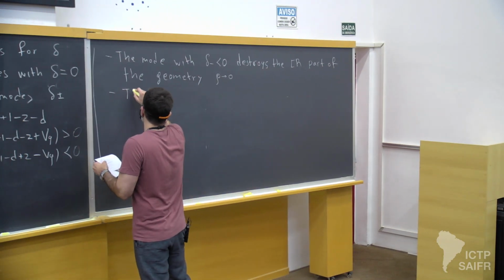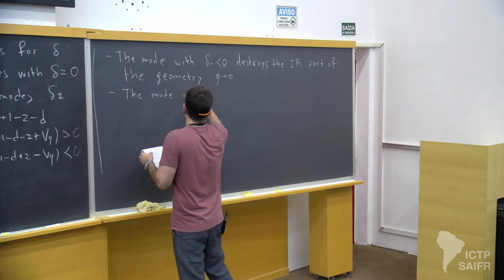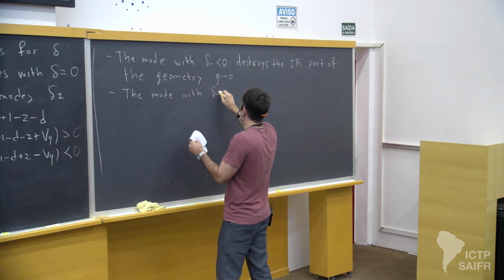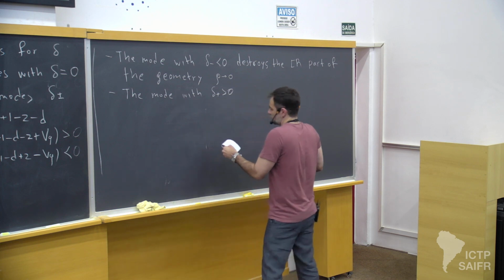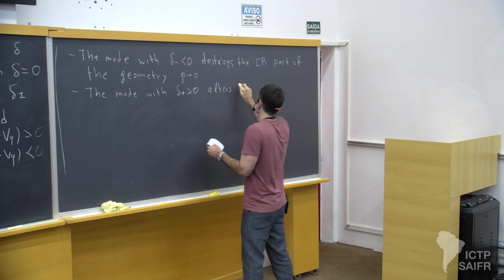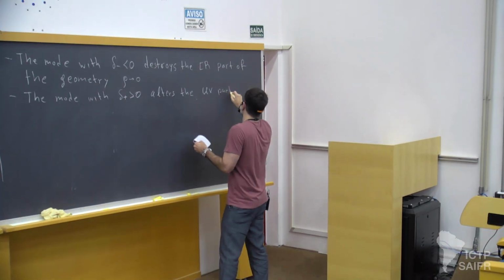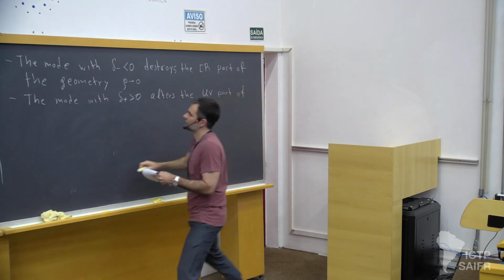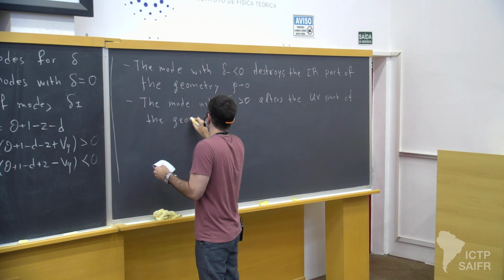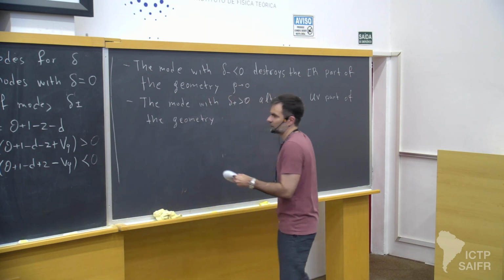However, the mode with delta plus is positive and alters the UV part of the geometry. Okay?